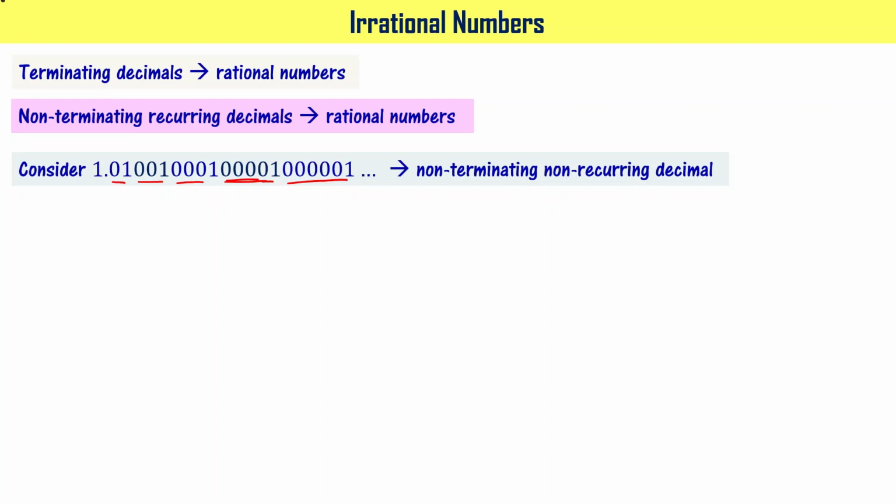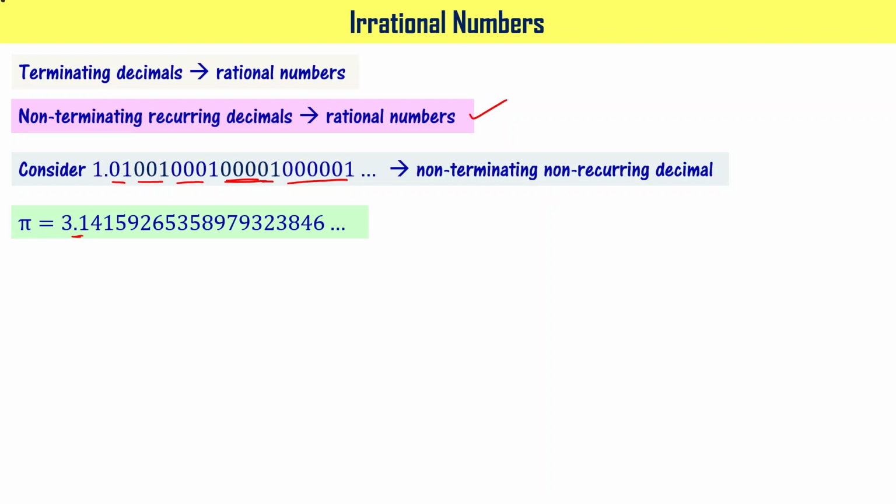We have seen non-terminating recurring decimals which can be represented as rational numbers, but we don't know how to deal with this till now, right? Pi can be written as 3.1415926535 and so on. Even if you put, let's say, 1 lakh digits after the dot and look at them, there won't be any periodic repeat.